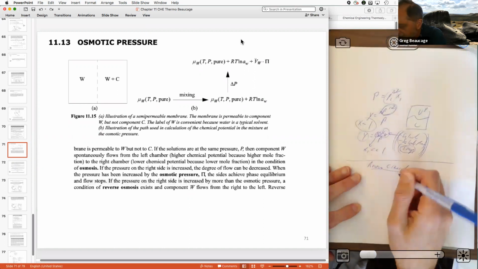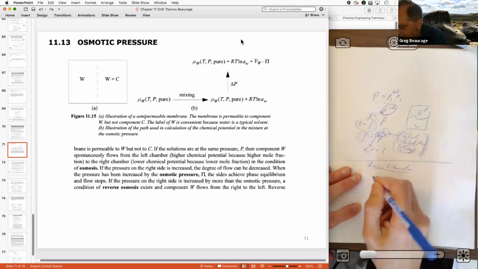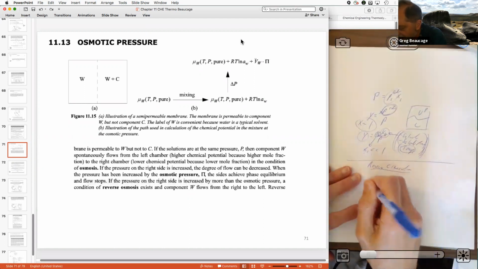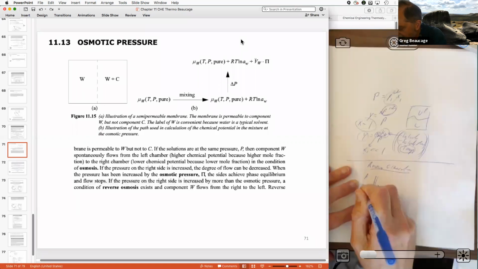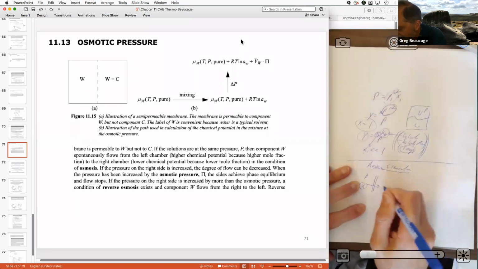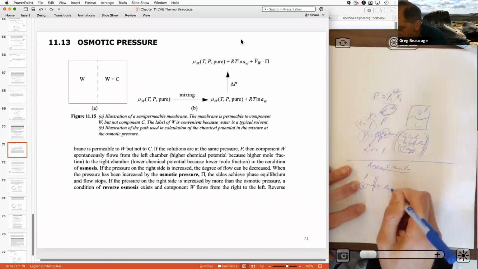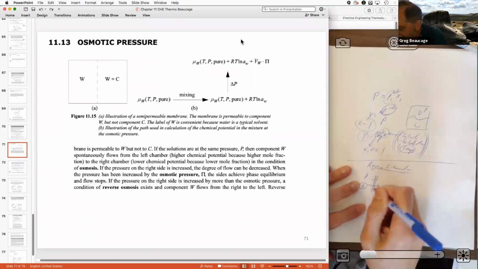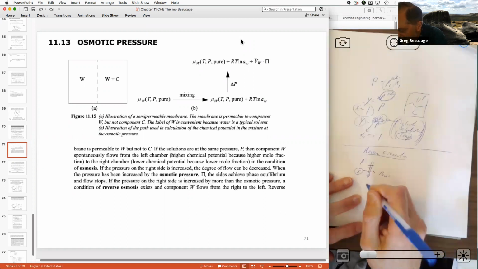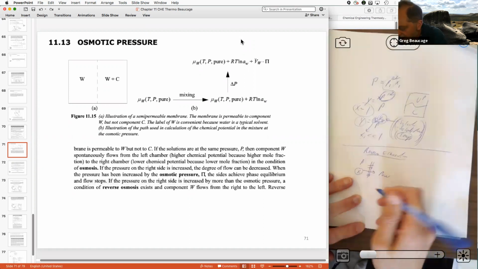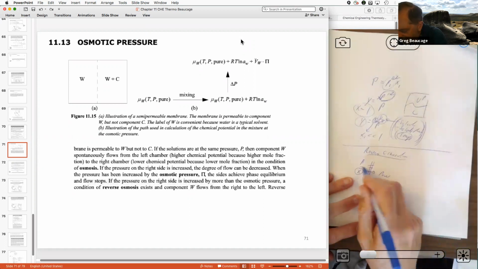If you want to do a separation, you can apply a pressure to a system and drive a fluid. So you have some concentration X on one side, and you want to have it pure on the other. You run it through a semi-permeable membrane. The semi-permeable membrane is polycellulose acetate, and it's got some kind of pores in it that allow the solvent to pass through, but the solute doesn't pass through.